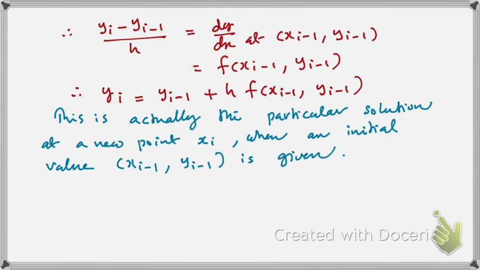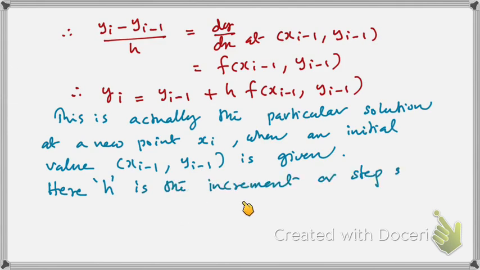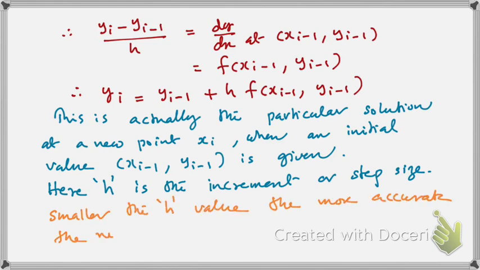I'll take small steps to the right side, if I say 1 unit step, from 0 I'll go to 1, from 1 I'll go to 2, like that I'll finally reach 10 and I get f of 10. Okay, that's the meaning. So here h is the increment or the step value. The smaller the h value, the more accurate the numerical solution is going to be.